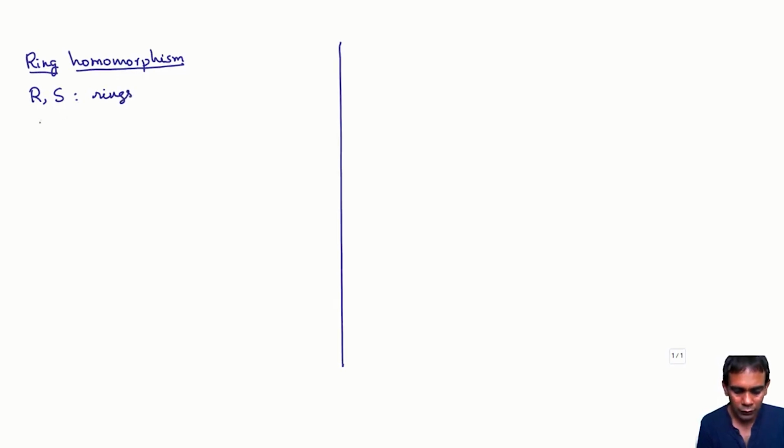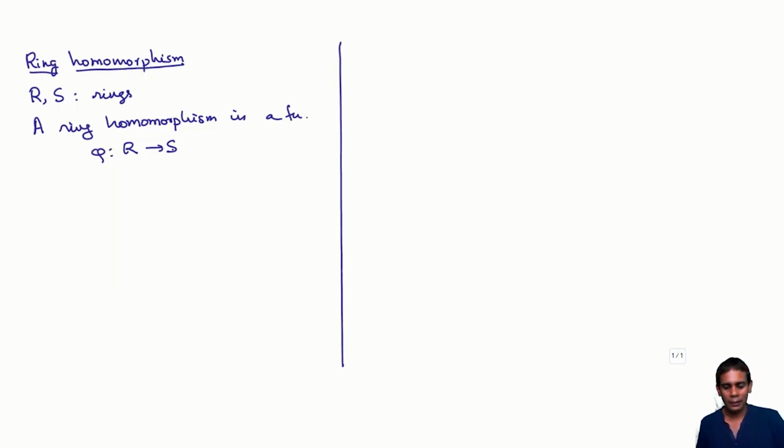Then a ring homomorphism is a function phi from R to S, which basically preserves all the structures that are involved in the definition of a ring. Namely, it preserves addition and multiplication.